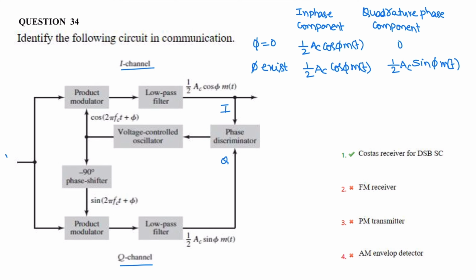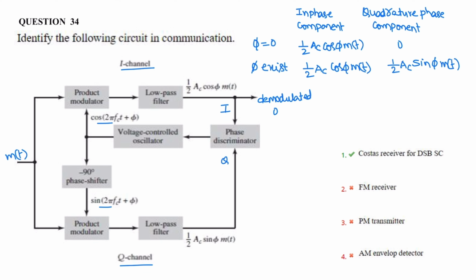Here the message signal m of t is applied to a product modulator, but the signal given to the product modulator in the I channel is cos(2 pi fc t plus phi), while a 90-degree phase shifted signal is given to the product modulator in the Q channel, and finally the demodulated output is obtained here.